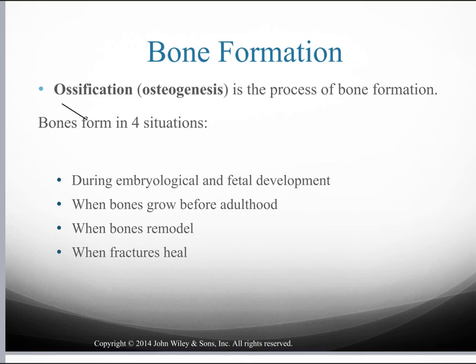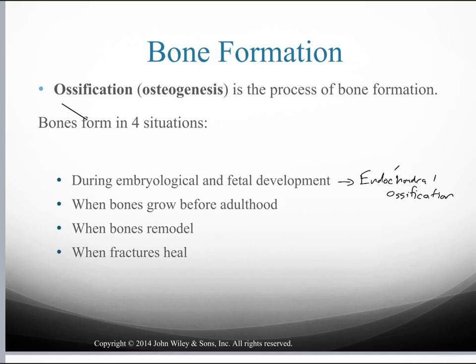Now, how we do this is a specific process that starts from a cartilaginous model. So we're talking about a model called endochondral ossification. So endochondral means within cartilage.